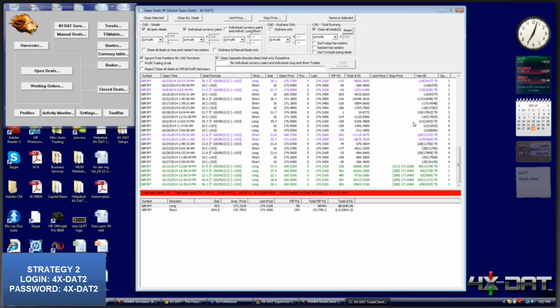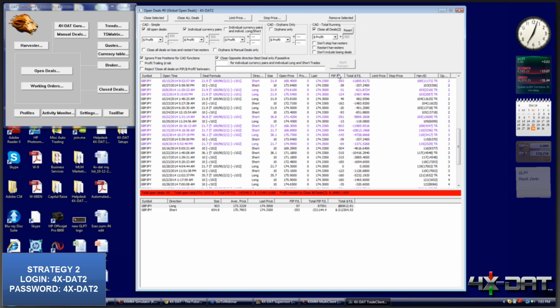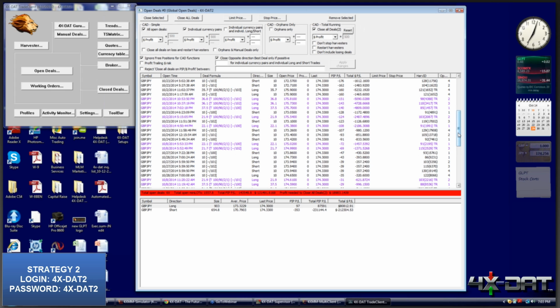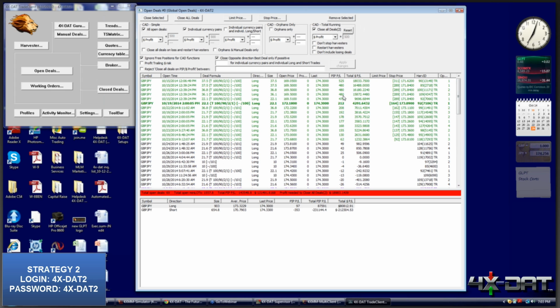The biggest profits we have right now are on the longs, but if the market keeps dropping like it has been, then the longs will get closed, and the shorts will come into play.